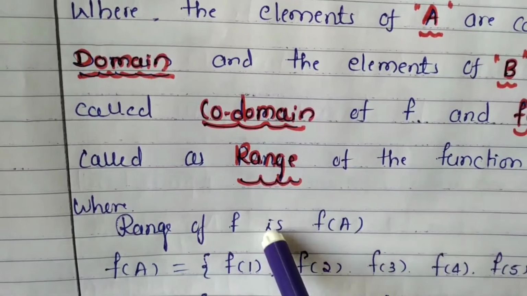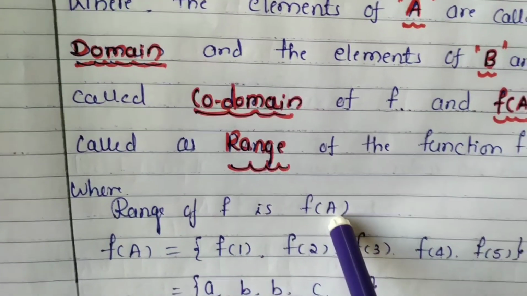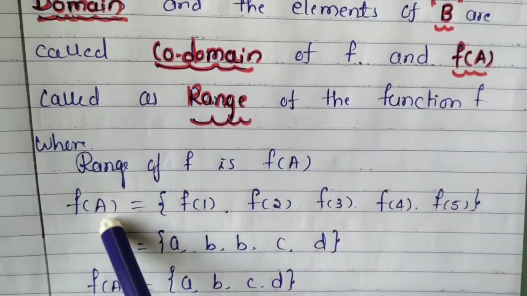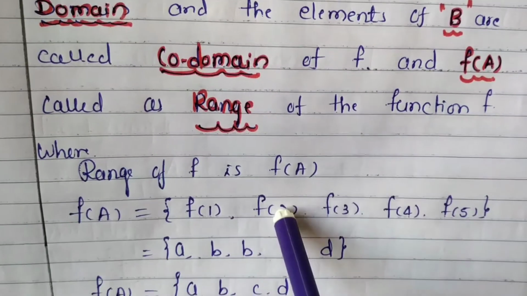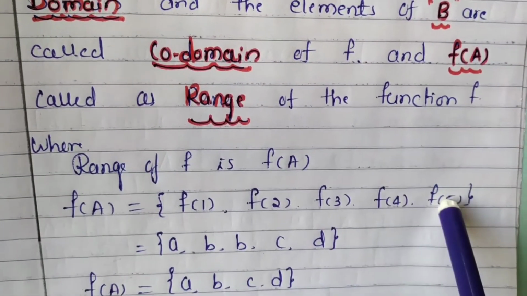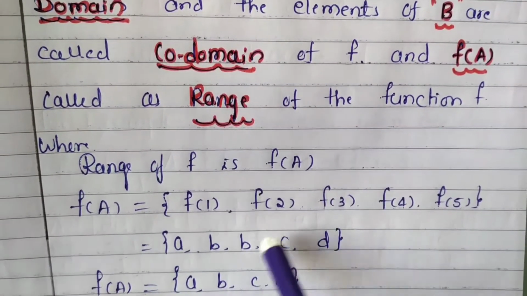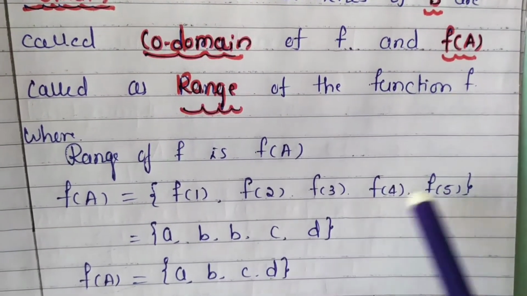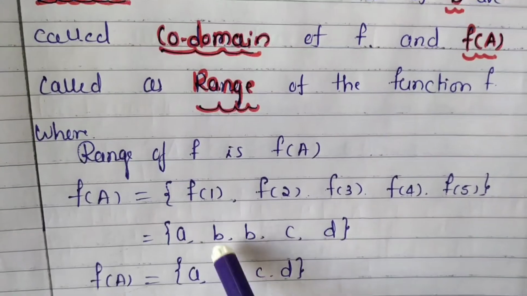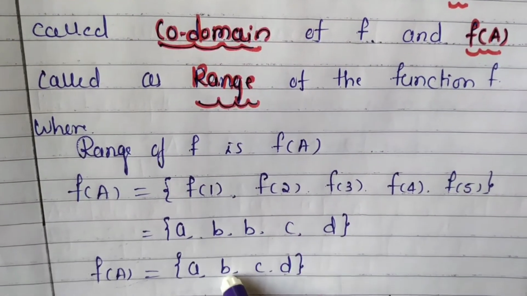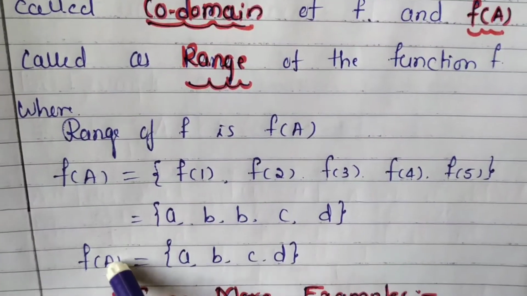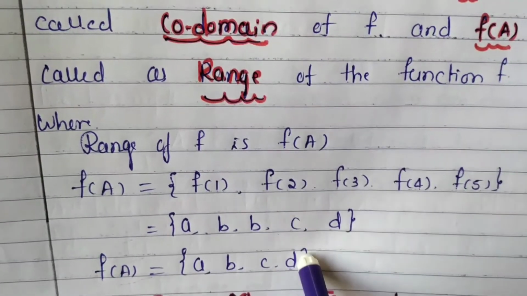Now what is the range of the function f? Range of f is denoted by f of A, where f of A equals the set f of 1, f of 2, f of 3, f of 4, f of 5. According to our definition, f of 1 is A, f of 2 and f of 3 are B and B, f of 4 is C, f of 5 is D. Then B is repeated 2 times, so write it only once. Then f of A is A, B, C, D. This is the range of the function.